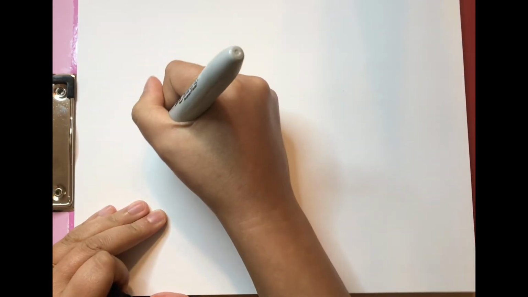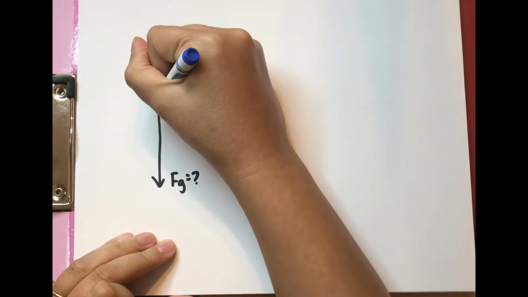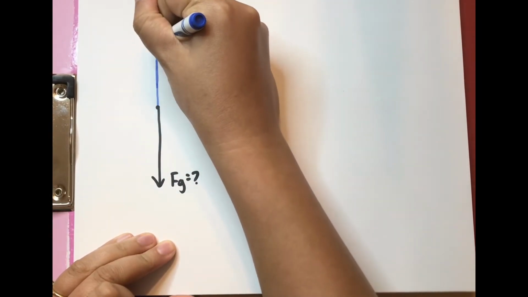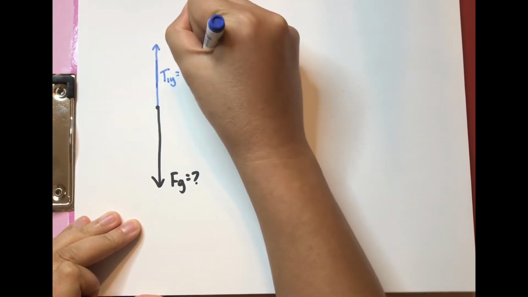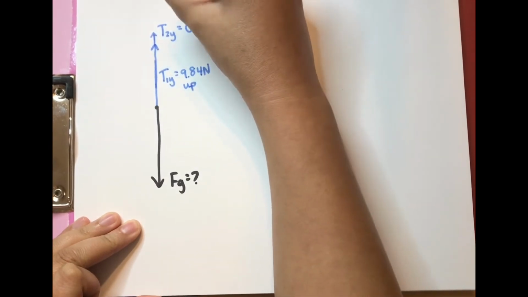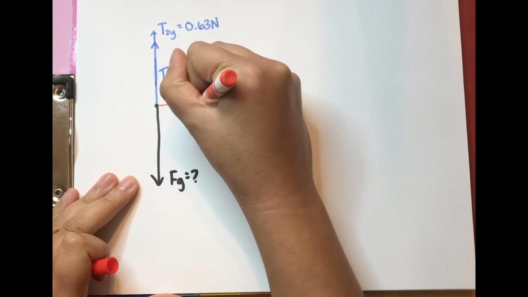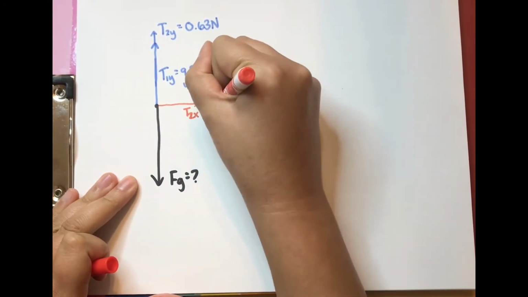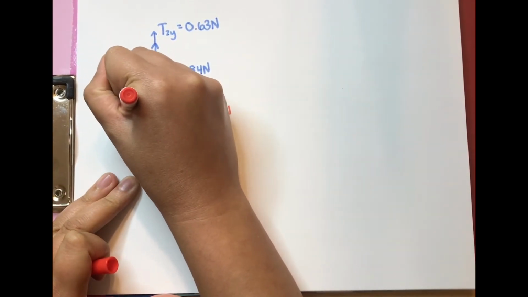Next step, let's redraw our free body diagram. We didn't know the weight, but now we're going to take the y components as calculated from earlier. T1y was 9.8 something newtons up, and T2y was 0.63 newtons up. T2x was 1.73 newtons to the right.